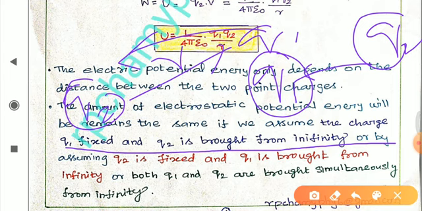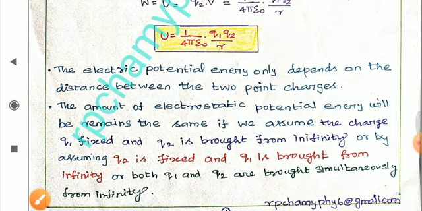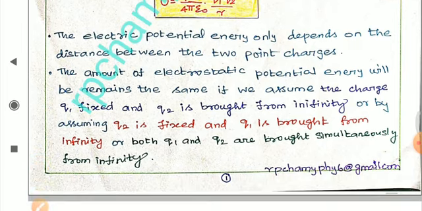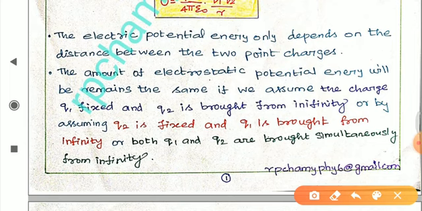That means any one of the charges remains constant, and the remaining charge is moving. So whether we move the charge q1 and q2 is fixed, or q2 is moving and q1 is fixed, whatever it may be, the amount of electrostatic potential energy remains the same. That is given here.